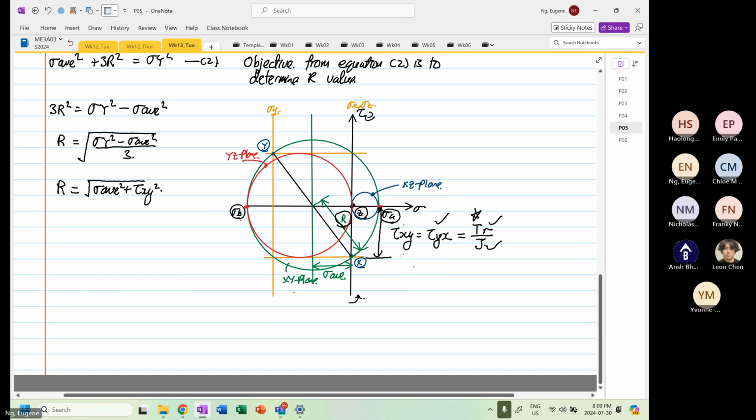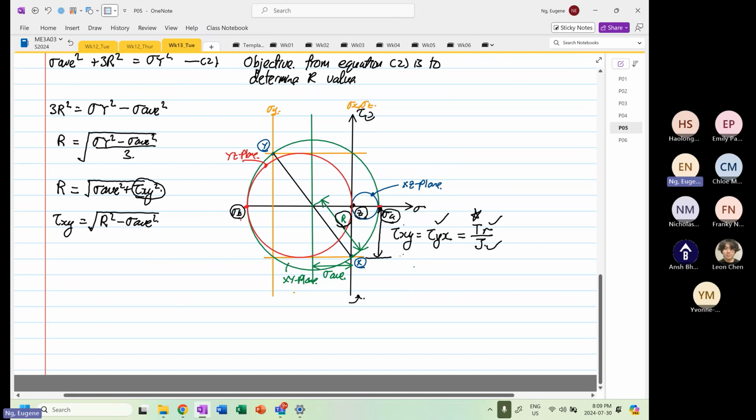From here we can determine shear xy, which is equal to the square root of R squared minus stress average squared.